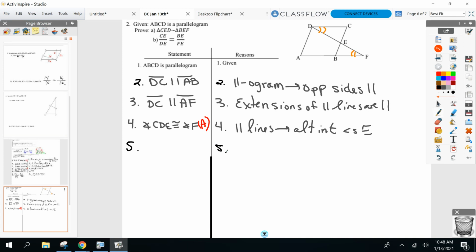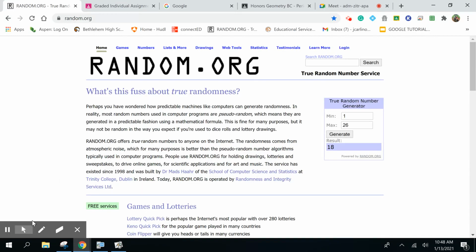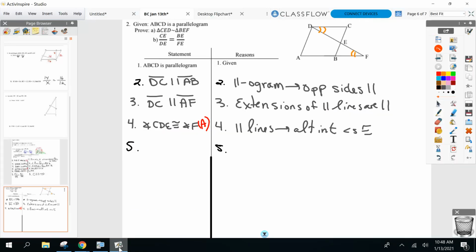And he didn't take the easy way out on that one. 13, Sophia, go ahead. You can take the easy way out now. Angle CED is congruent to angle BEF. Yeah, because what are they, Sophia? Vertical angles. There you go.